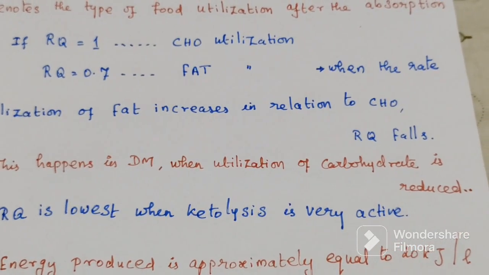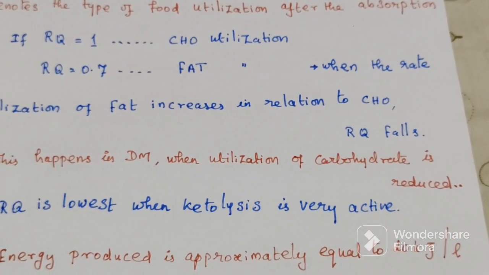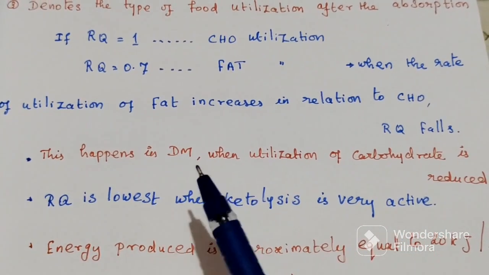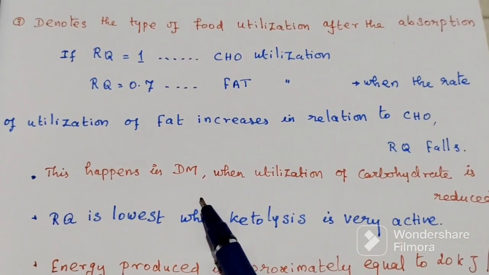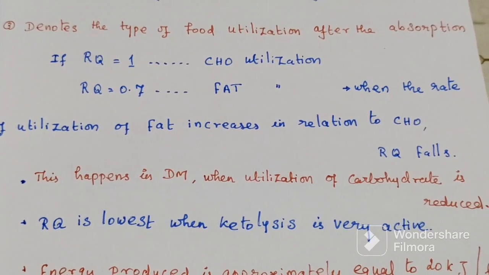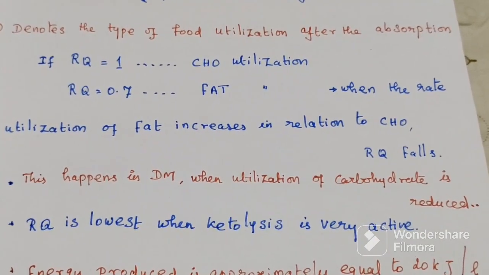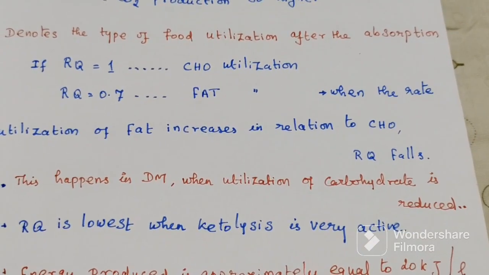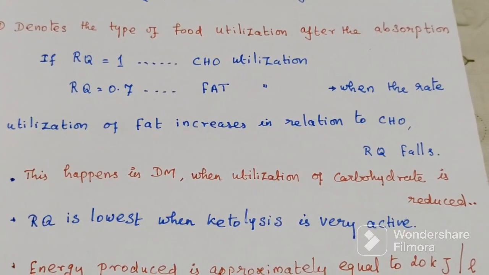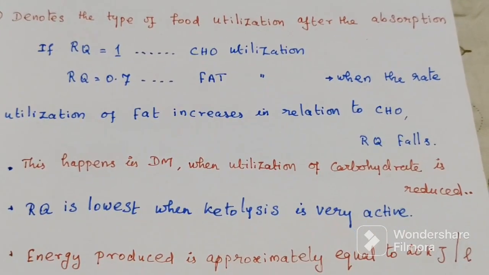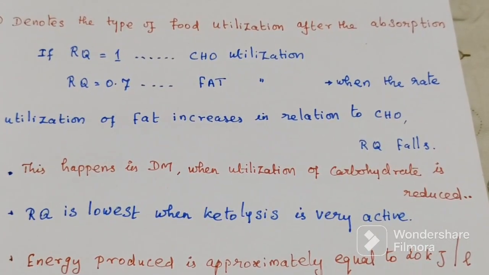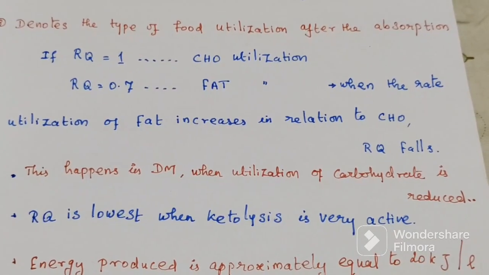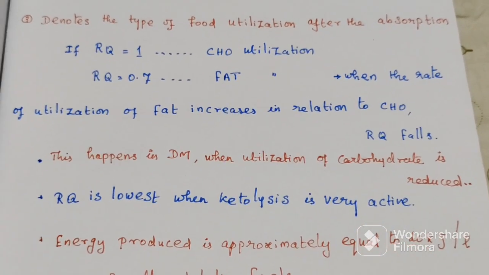But in diabetes mellitus, utilization of carbohydrate is reduced and the respiratory quotient also falls. Respiratory quotient is lowest when ketolysis is very active, simply put, in uncontrolled diabetes mellitus and starvation.